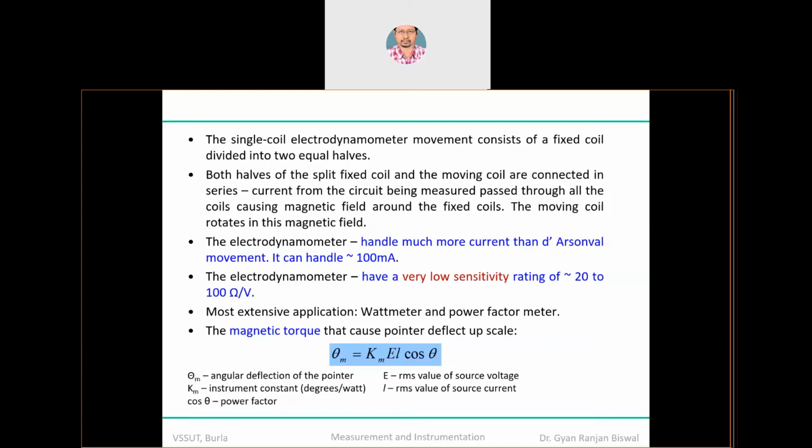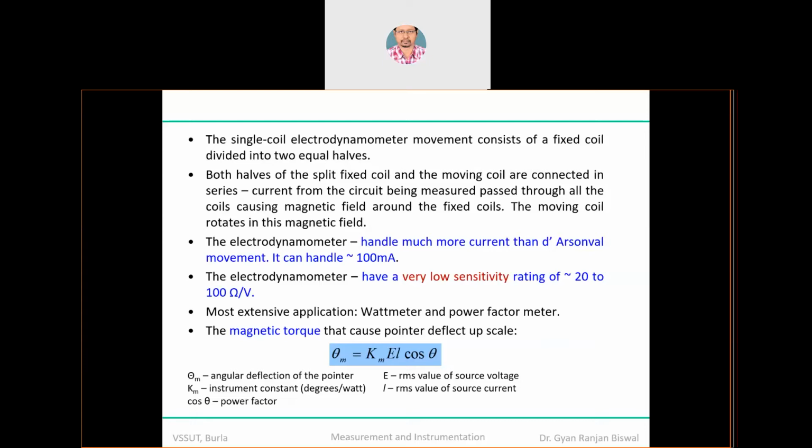As compared to the PMMC device and the moving iron type of instrument, the electrodynamometer has slightly lower sensitivity. The sensitivity varies from roughly 20 to 100 ohm per volt. The sensitivity is measured as 1 upon the full scale deflection current, 1 upon IFS.